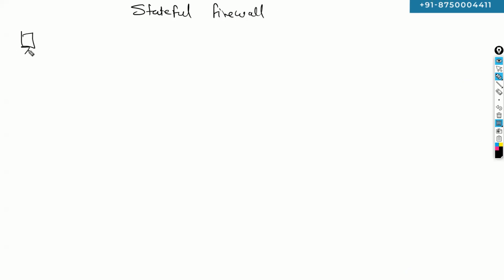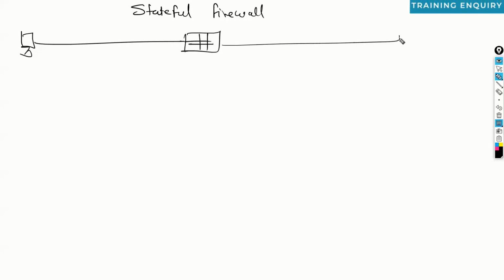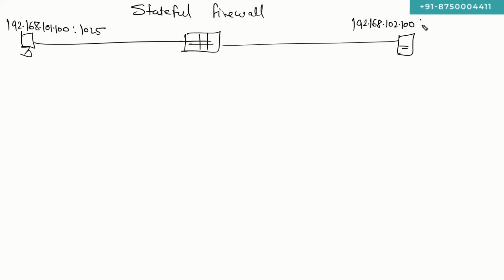We have a PC, a firewall which is stateful, then we have a server. 192.168.101.100, 192.168.102.100. Port number: client will initiate a request using dynamic port number. It will hit a well-known port like 443. Correct? Done.